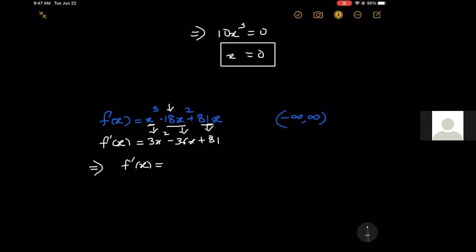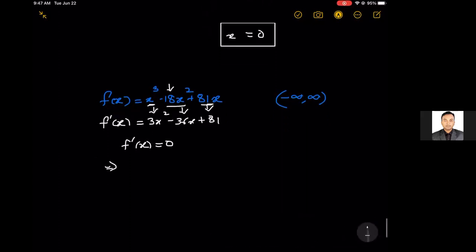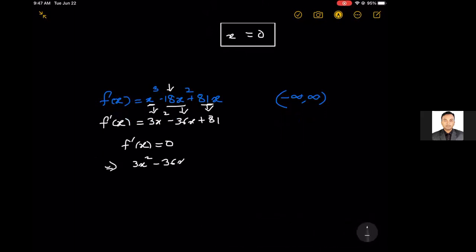Okay, you can set this to 0, and if I do that, I shouldn't use this sign here. So it will be 3x squared minus 36x plus 81 equals 0.